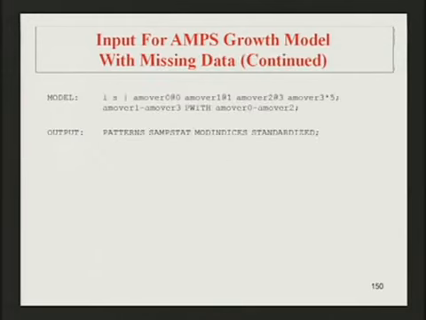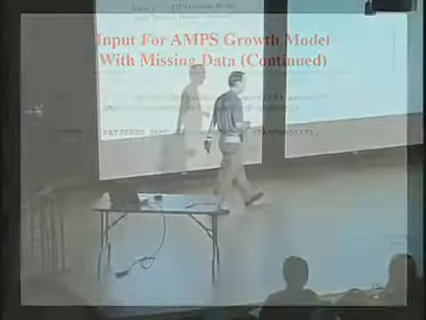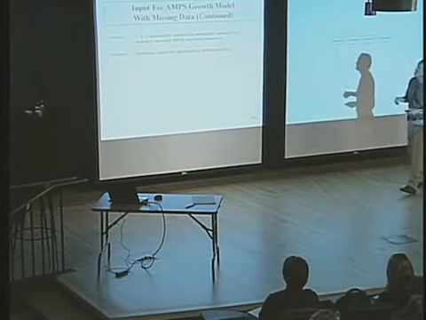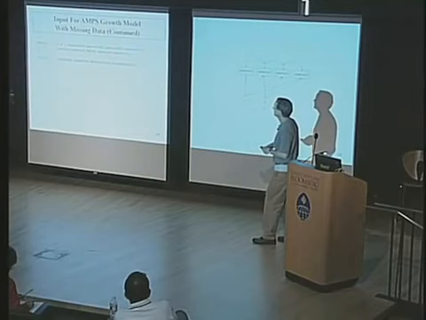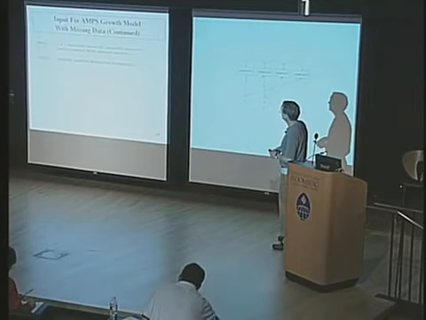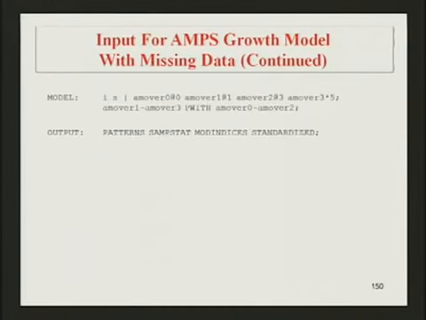And that's now with the default of type equals missing, namely ML under MAR. You don't have to say type equals missing anymore, but just go straight to the growth model, which is a linear growth with a little twist to it, the free time score at the last time point, and pairwise residual covariation.